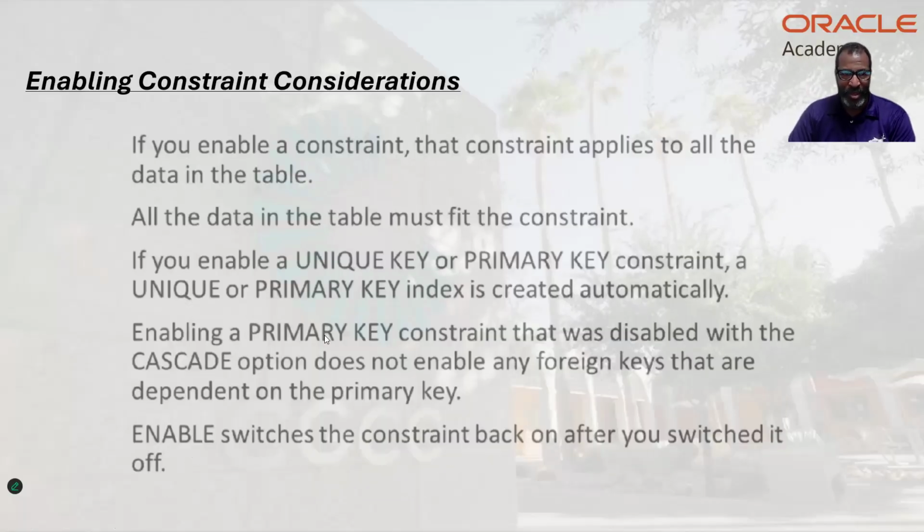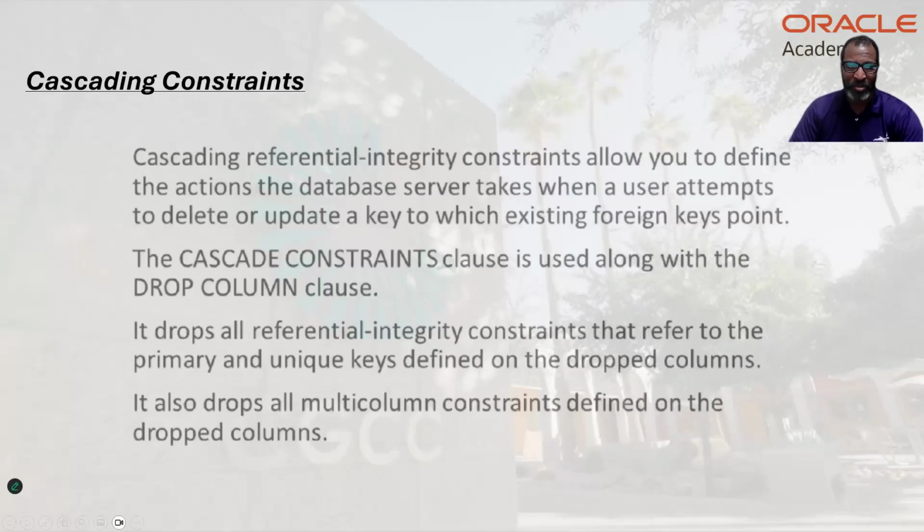If you enable a constraint, it applies to all the data, and all the data must fit the constraint, or else you get another constraint violation. So you have to be very careful. Usually you have a specific reason, but you may have to check the data after you disable to make sure it matches. That can be a headache. I've run across that before.